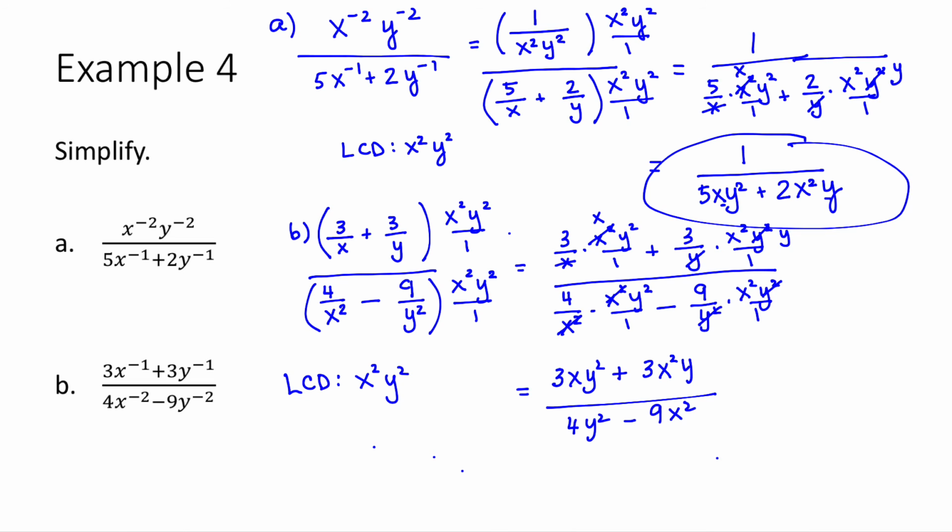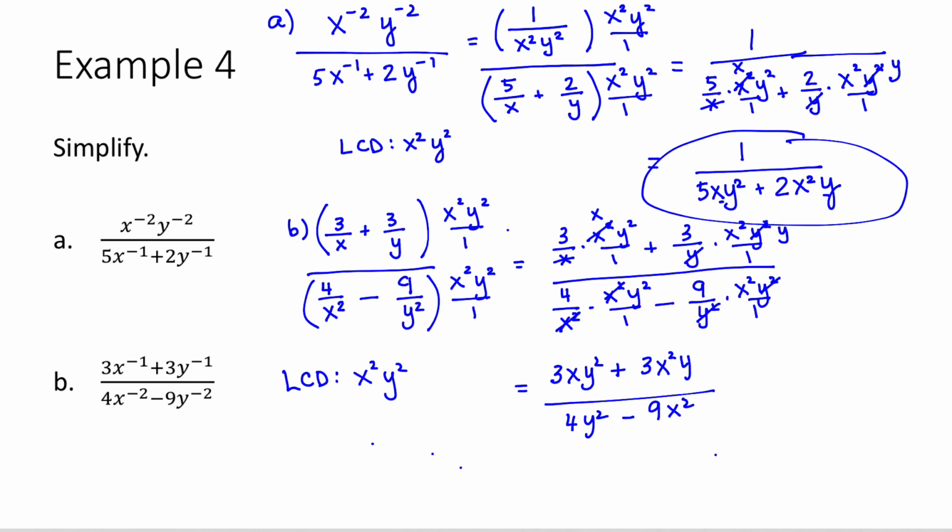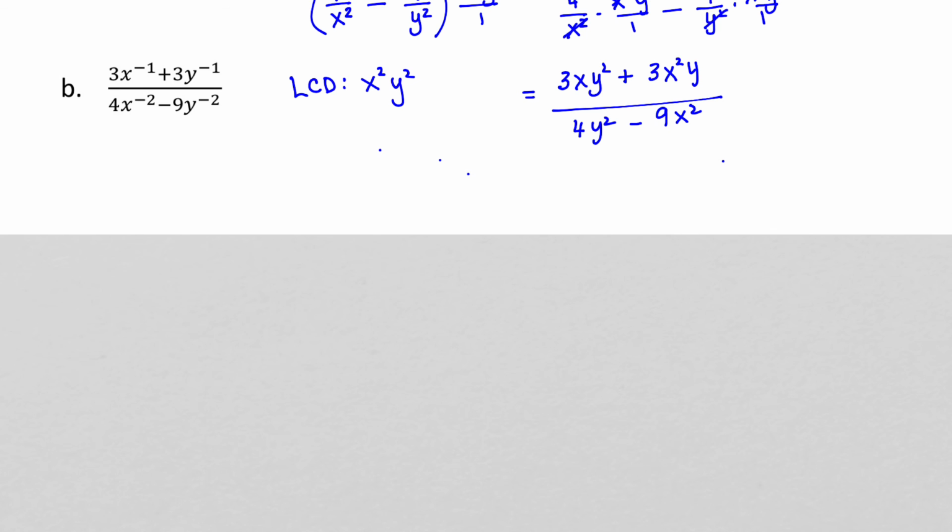So here I can factor, and it looks like I'm going to be able to do some simplifying when I do that. Okay, so I just shifted up so that we have a little bit more room to work with. Let's see what I can factor. I've got a 3 in common, I have x in common, and I have a y in common in the numerator. So that's going to leave me with y plus x.